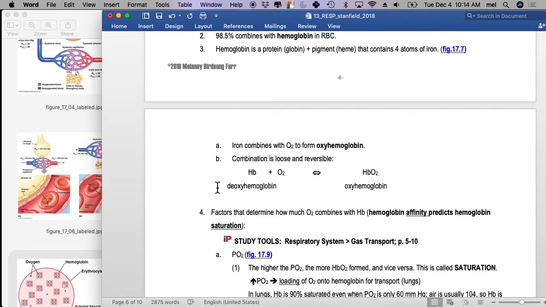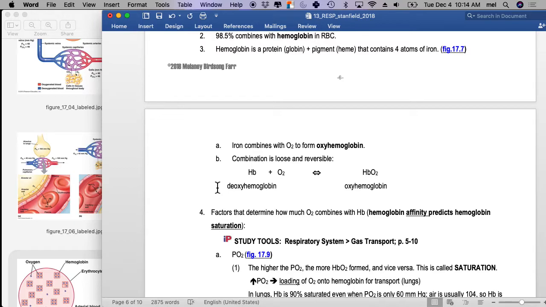And then it won't do you any good if you don't ever let them off the bus. So in the systemic capillary beds you are going to form deoxyhemoglobin, right? Oxyhemoglobin, deoxyhemoglobin, oxyhemoglobin, deoxyhemoglobin. So this whole process has to be loose and reversible, or else it wouldn't do you any good, right? It has to be able to get on and get off really easily.